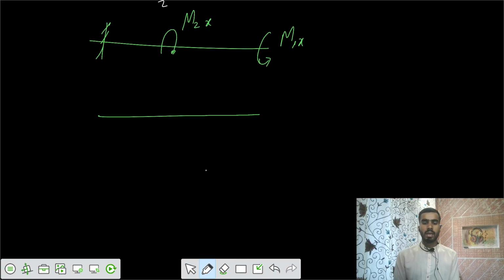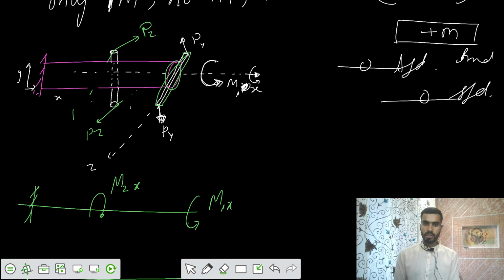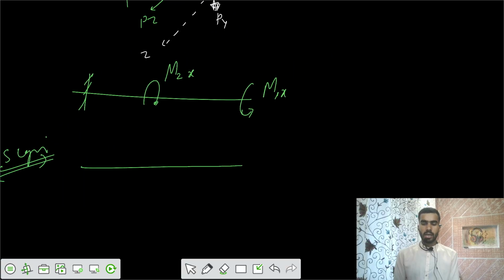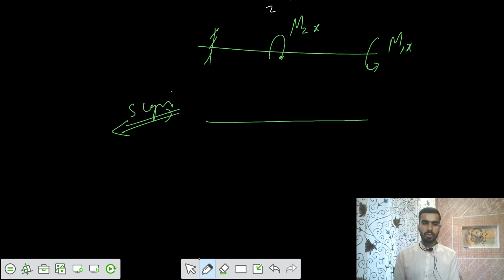We had the sign convention, so let's talk about that now. We have the concept called the right hand thumb rule.